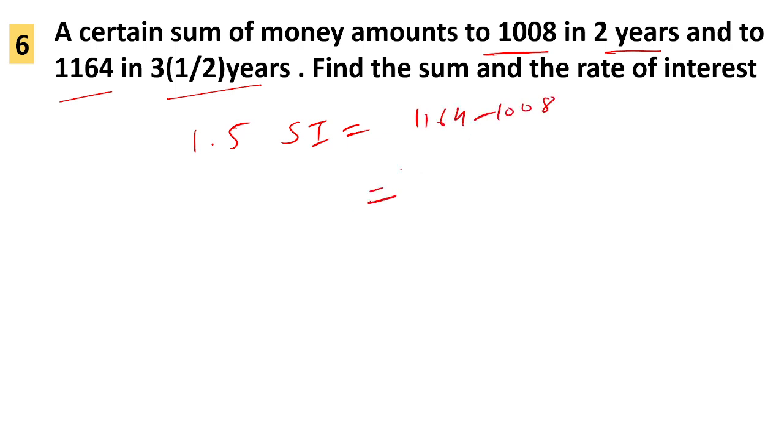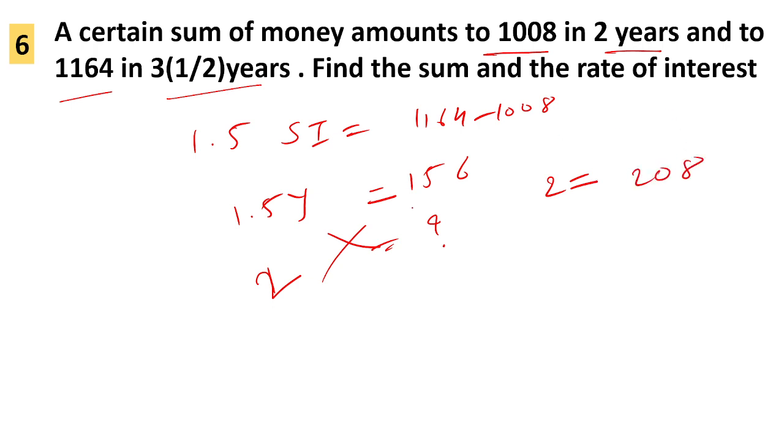How much will we get? For 1.5 years we will get 156. We want to find it for 1 year, so do the cross multiplication. Let's take 2 years. So the 2 years simple interest will become 208.